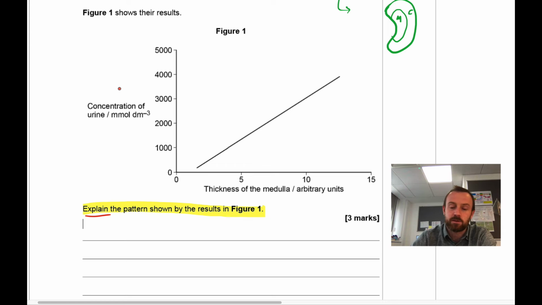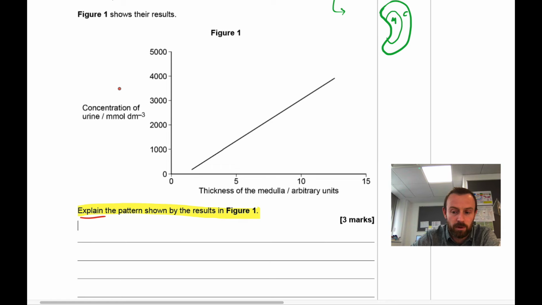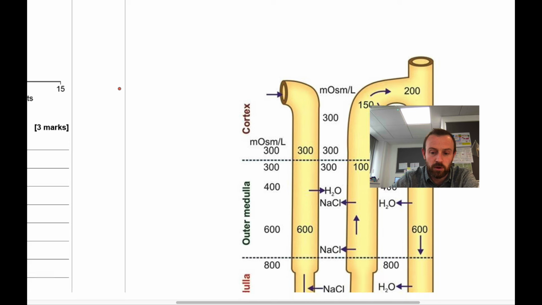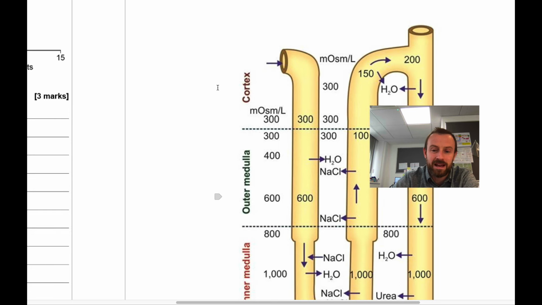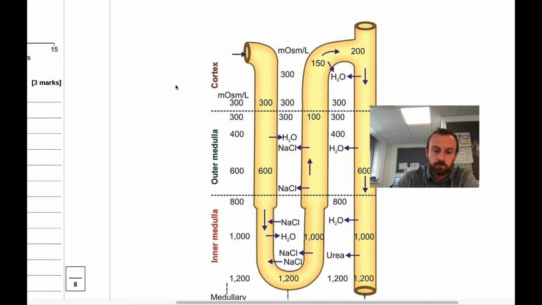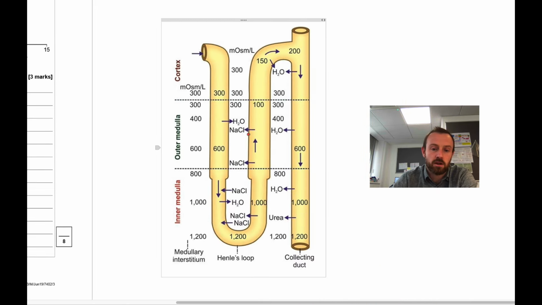So why is this? Well, I wanted to drop in this picture over here to give you a little more in-depth explanation. Now, you don't need to know the details of this for AQA, but this is the loop of Henle here, this whole thing, and then this over here is the collecting duct.